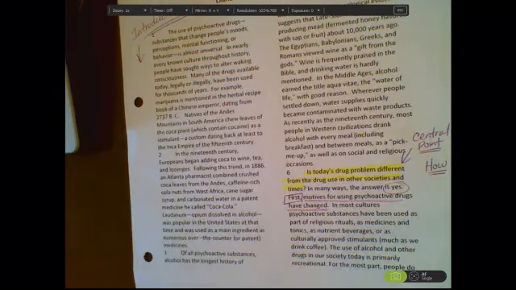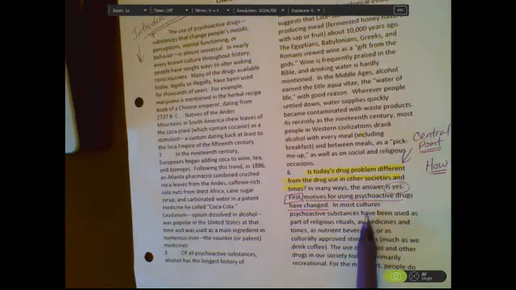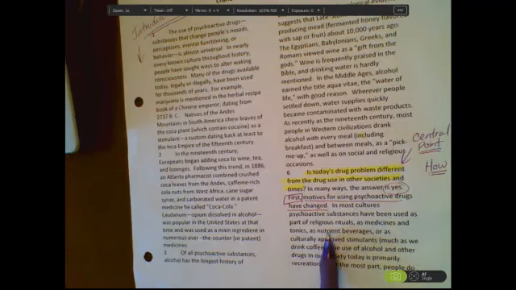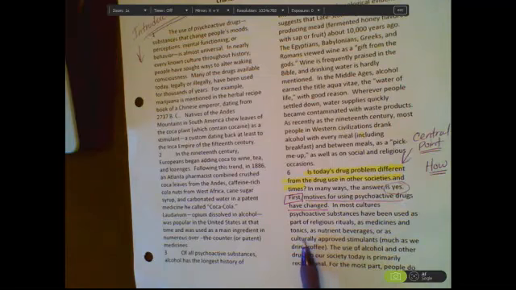You should have that the motives for using them changed, and then say, okay, how have they changed? And as I read, it looks like in the past here in most cultures, the reason people used them was because of religious rituals or medicinal purposes. Tonic would be medicinal. Even as a nutrient beverage, or culturally approved stimulant, much as we drink coffee.